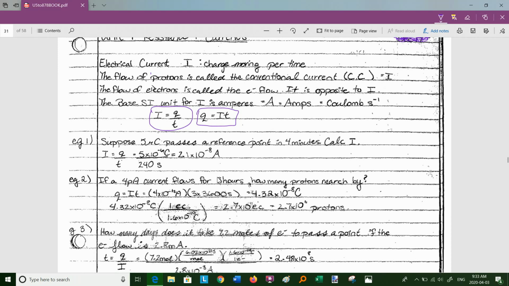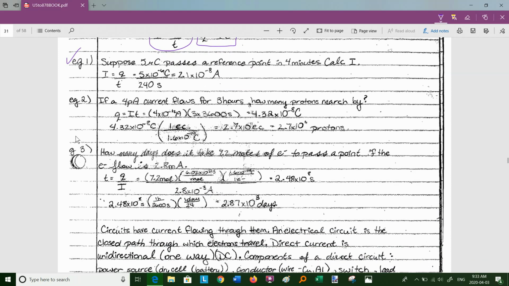But we want to get coulombs as our numerator in I equals Q over T, so 5 by 10 to the minus 6 coulombs, because micro is 10 to the minus 6, and per second, so 4 minutes, well, you can do that in your head, I hope, 4 times 60, 240 seconds. So the current associated with this process is 2.18 by 10 to the minus 8 amps, Q divided by T. Okay, so that is example 1.